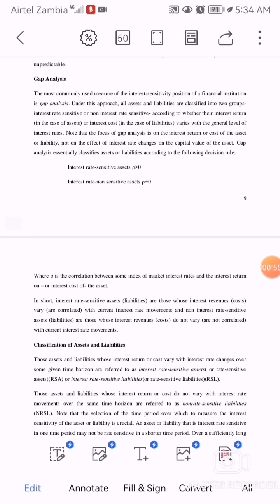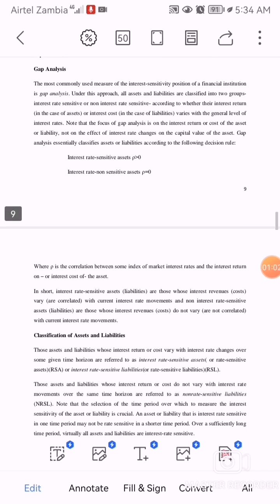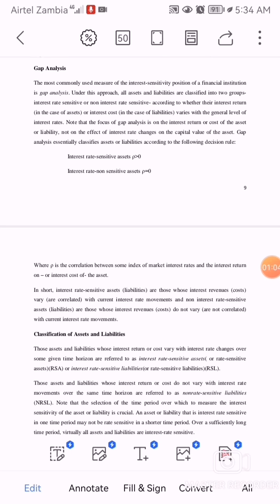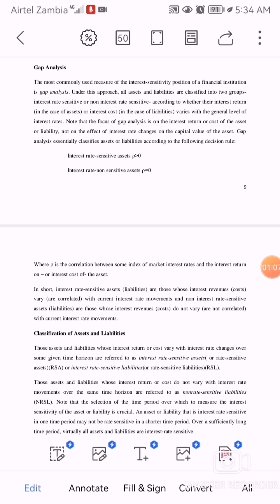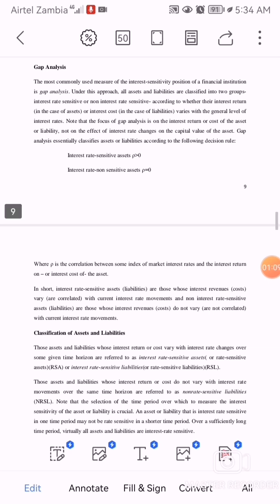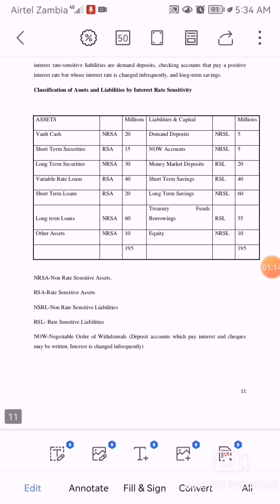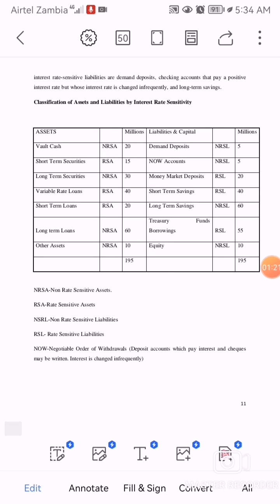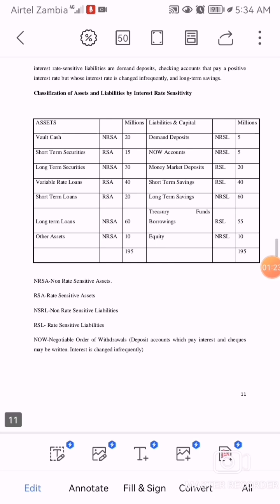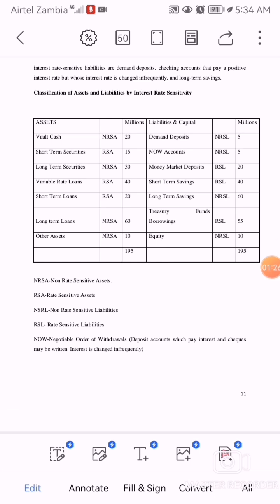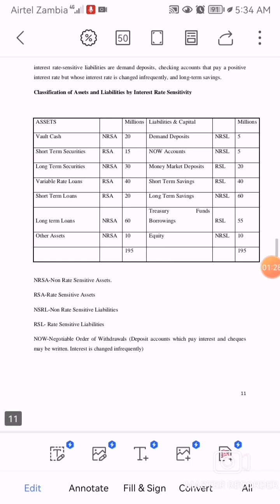So you need to understand how to classify rate sensitive assets and non-rate sensitive assets, and also rate sensitive liabilities and non-rate sensitive liabilities. When you look at your table, you're expected to know why it's RSA and why it's NRSA. But here's a tip. How do you know? Let's focus on the asset side for now.